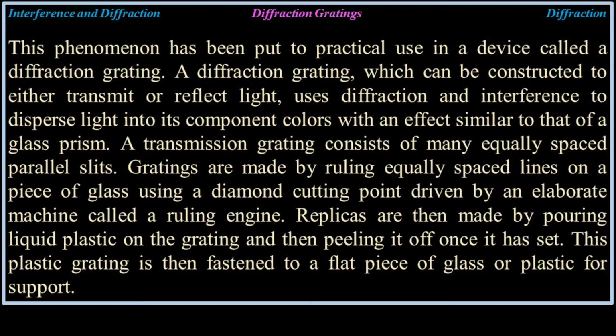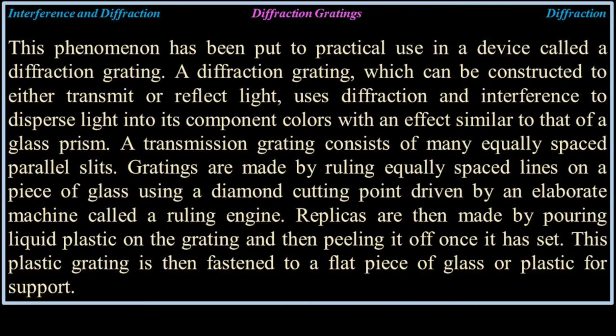This phenomenon has been put to practical use in a device called a diffraction grating. A diffraction grating, which can be constructed to either transmit or reflect light, uses diffraction and interference to disperse light into its component colors with an effect similar to that of a glass prism. A transmission grating consists of many equally spaced parallel slits.